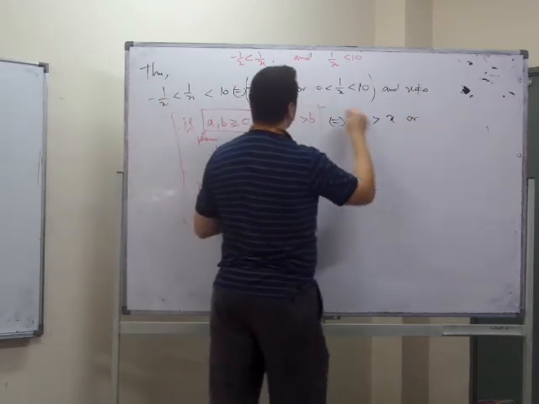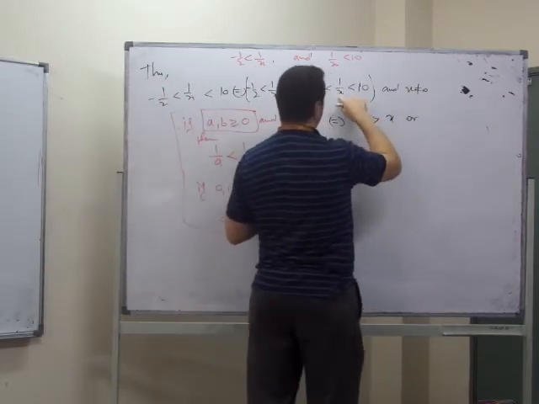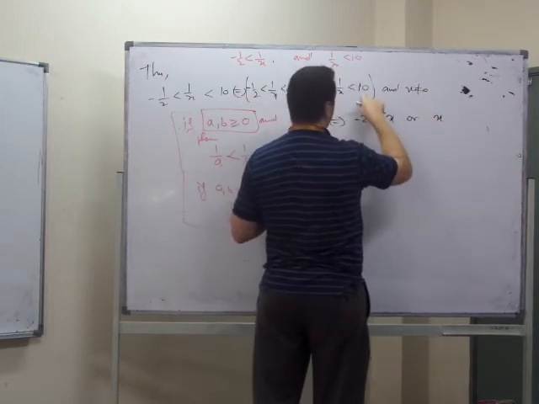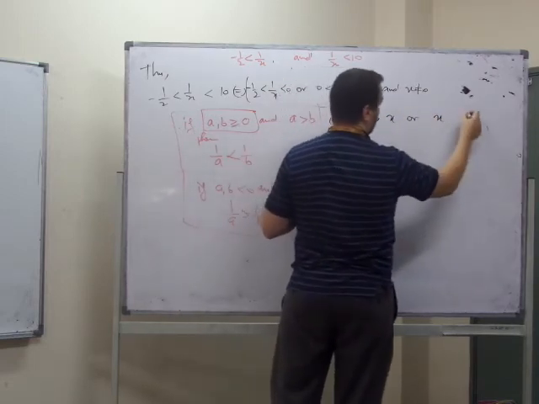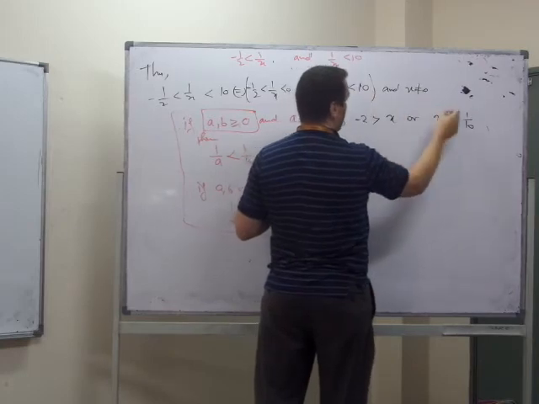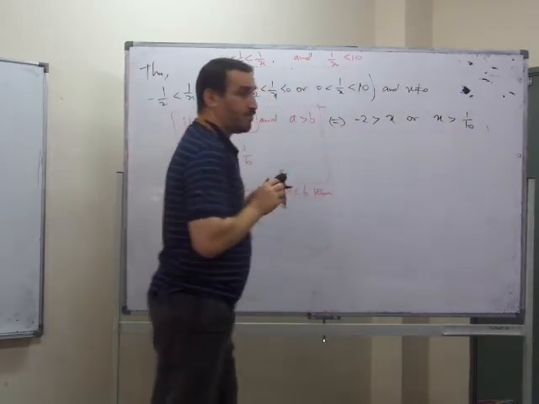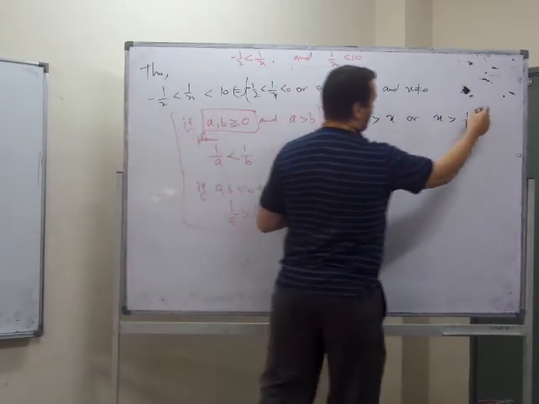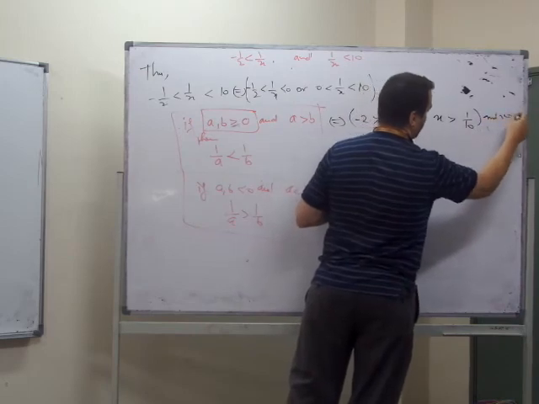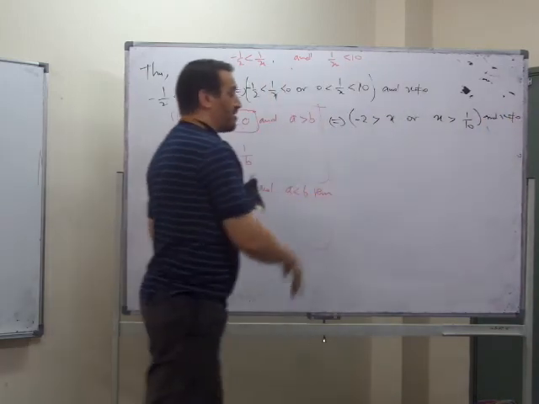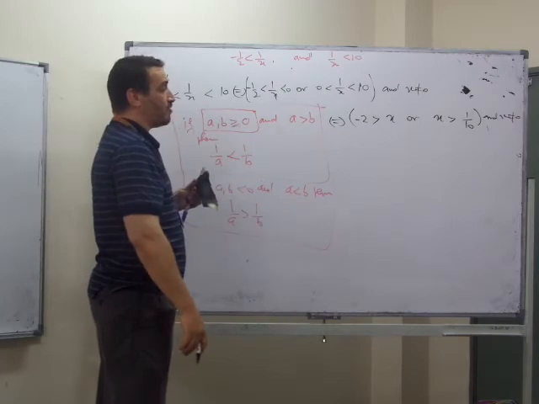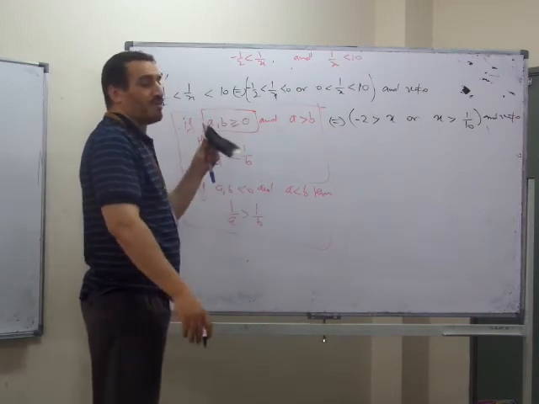I invert here: 1 over x is x. I invert here: 10 becomes 1 over 10. The order I invert. Okay? Then here I have x not equal to 0, by condition. Please try to keep it in mind all the time.